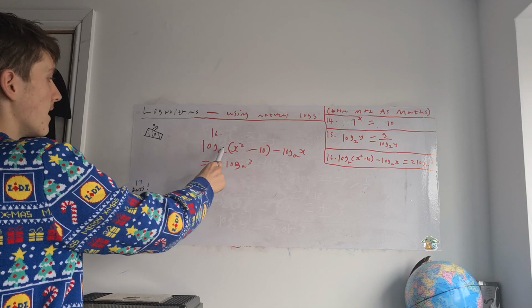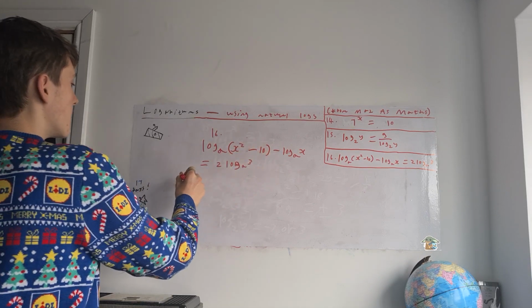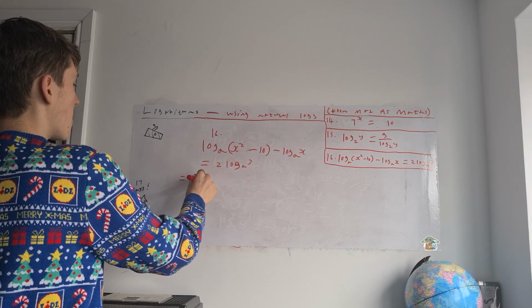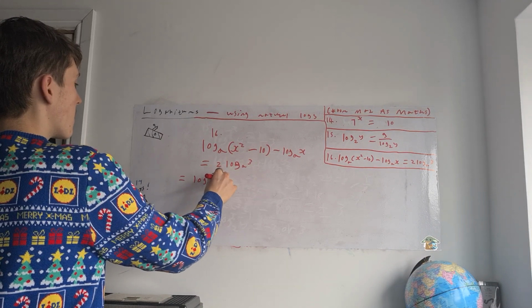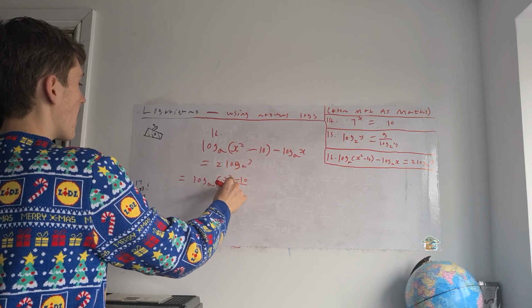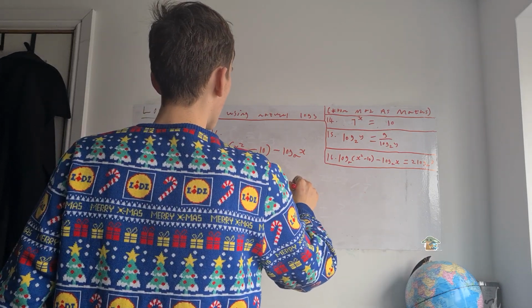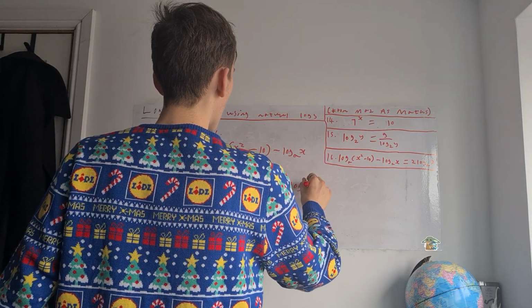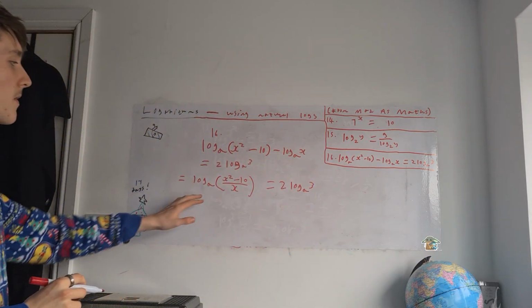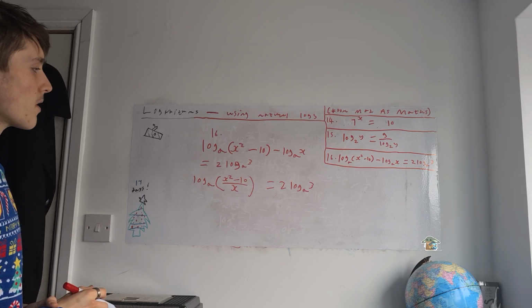So log a (x squared minus 10) minus log a x is equal to log a of (x squared minus 10) over x, which is equal to 2 log base a 3. Okay, so we've ended up with that.